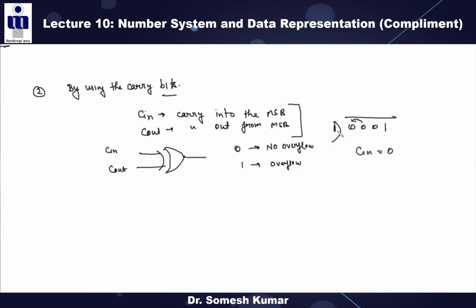But this one is the carry out from this MSB, so C out is 1. The XOR of this: if it is 0, then no overflow, and if it is 1, then overflow. In this case, there is an overflow, right? Now we will take some examples for all of these things.